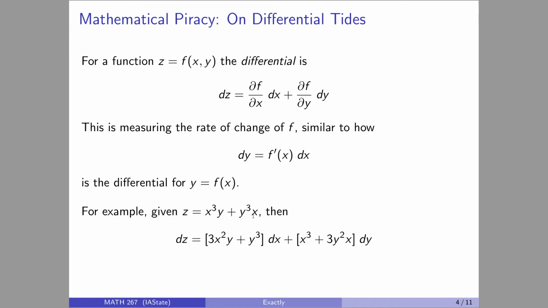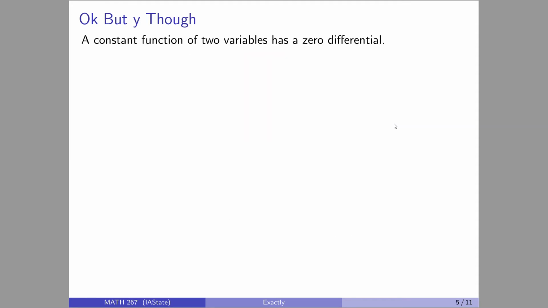So take the derivative of this with respect to x, that's that right there. Take the derivative of that with respect to y and put it right there. There we go. And hey, you may not notice it, but your brain does. That looks real familiar, like, oh, I don't know, the differential form of a differential equation. Ooh. So, a constant function of two variables must have a zero differential.